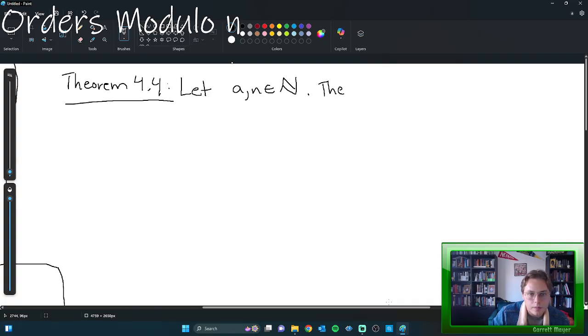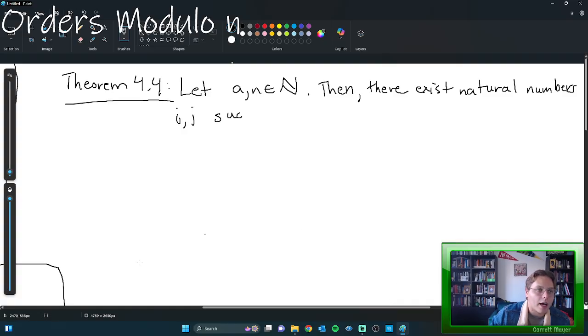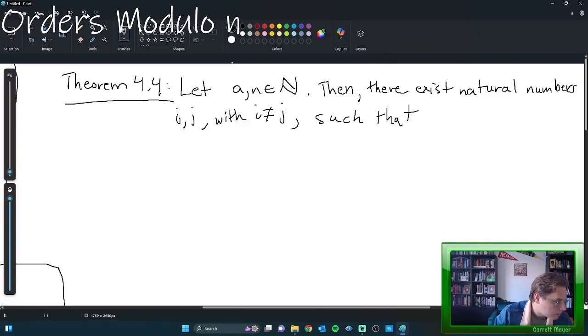Then there exist natural numbers i and j, with i not equal to j, such that a to the power of i is congruent to a to the power of j mod n.